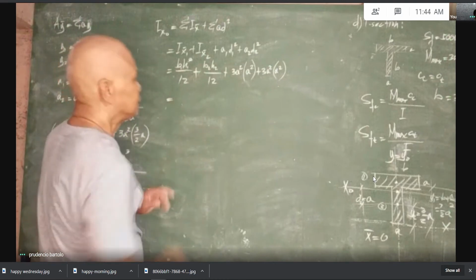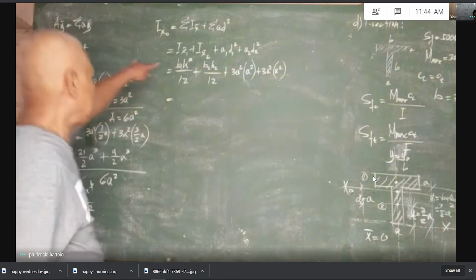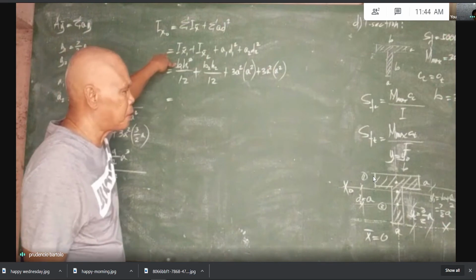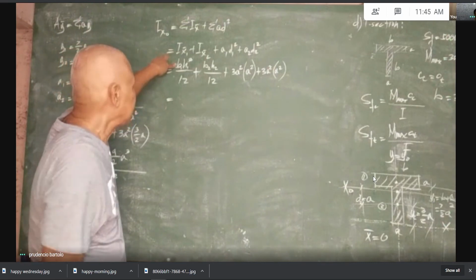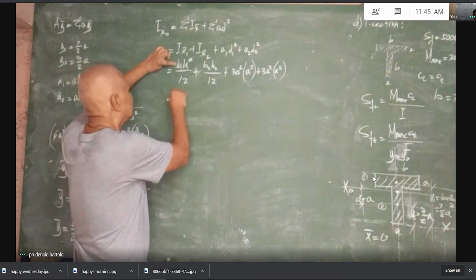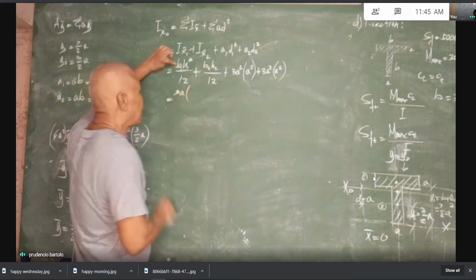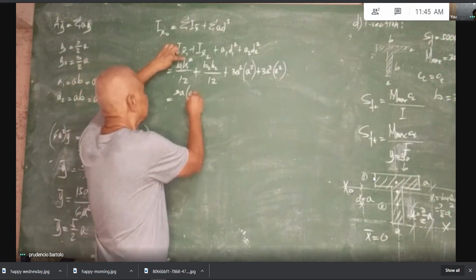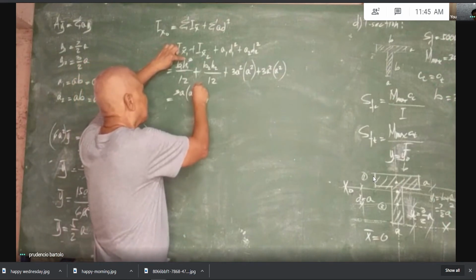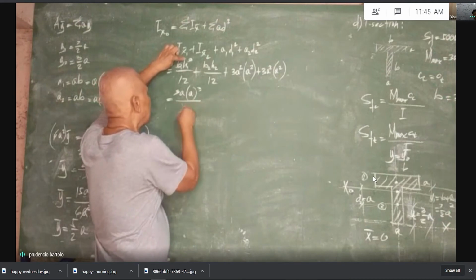Or the base for figure number 1 is 3A multiplied by the altitude of figure number 1. That is A cube over 12.